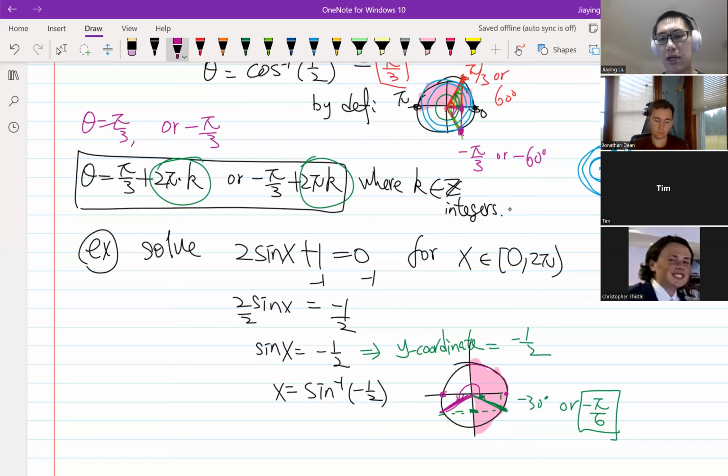That's pi, and it looks like it's passing pi by 30 degrees, or pi over 6. So this must be 6 pi over 6, that's pi. This must be 7 pi over 6. Or it's going to be 210 degrees, 180 degrees plus 30 degrees.